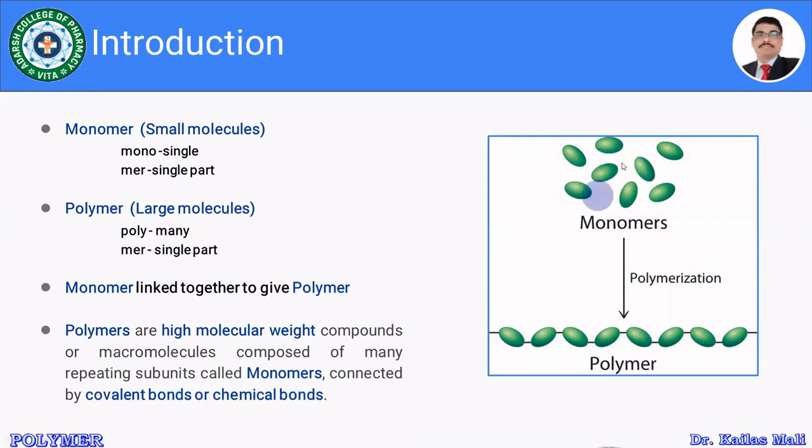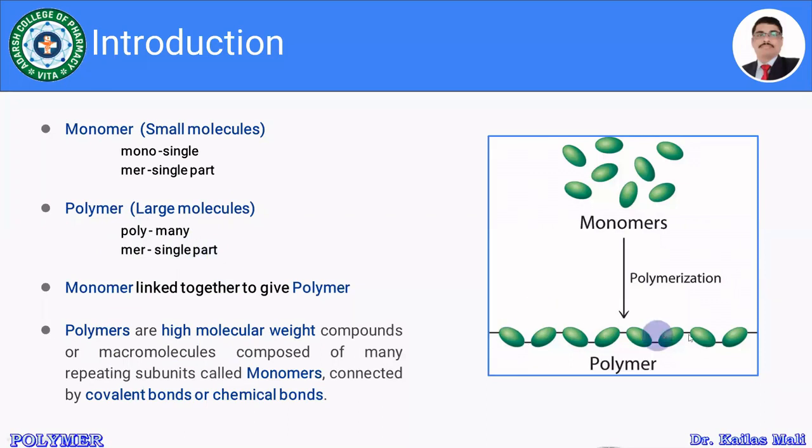So by the polymerization, these monomers are joined together by the covalent bonds or chemical bonds, and that is known as the polymer. Monomers are the small molecules; mono stands for single, mer stands for single part. Polymers are the large molecules or macromolecules; poly stands for many, mer stands for single part.